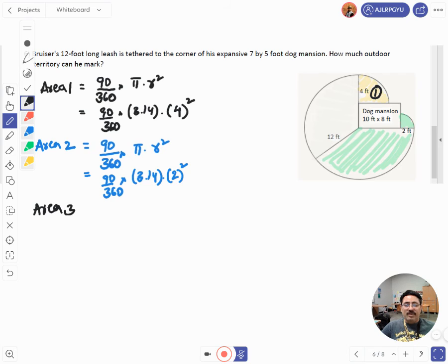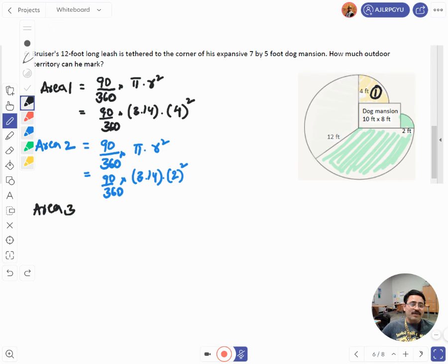Now, coming to the third part, area 3. Here, I'll spend some time. I don't know what is the central angle here. But we all know that the total angle in a circle is 360 degrees.